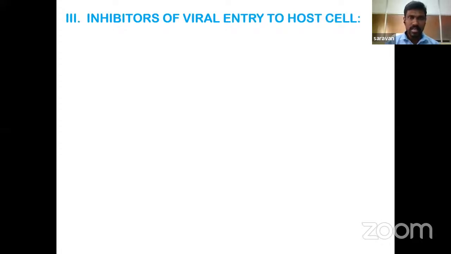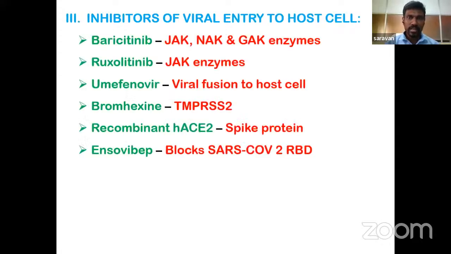The next one is inhibitors of viral entry into the host cell: baricitinib, ruxolitinib, umifenovir, bromhexine, recombinant human ACE2 receptor, and ensovibep. All these drugs, the first three at least, inhibit the signaling pathways that are involved in endocytosis-mediated entry, as well as their activation in the innate immune system.